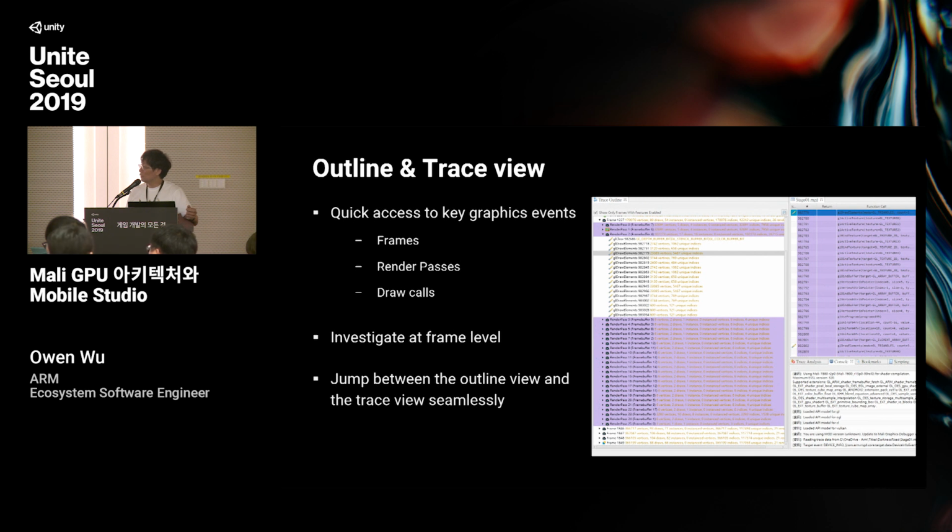After you select a draw call here, you can see the detailed API calls here. So, investigating at a frame level, you can find out which draw calls have a higher geometry impact here.